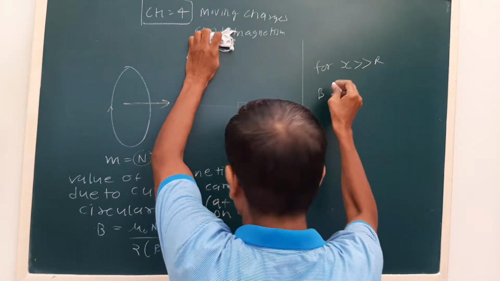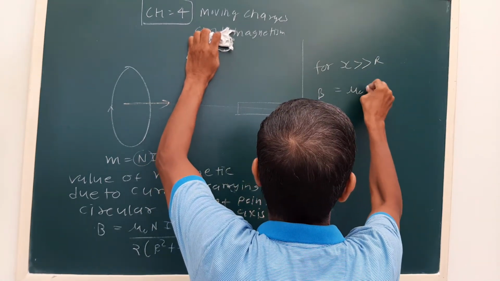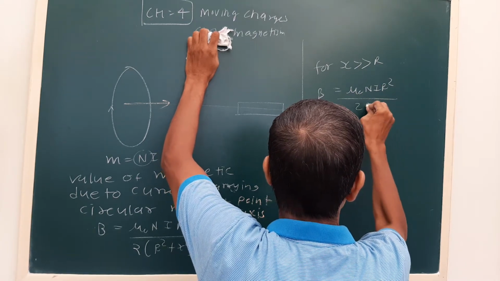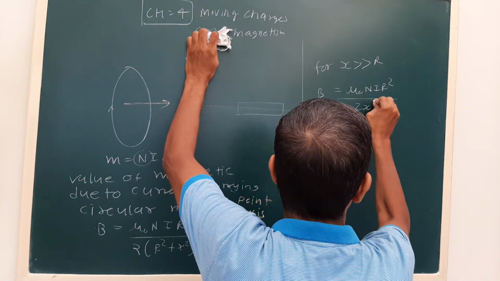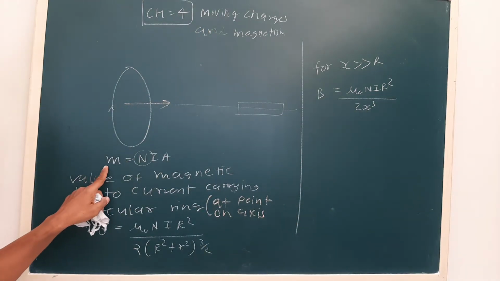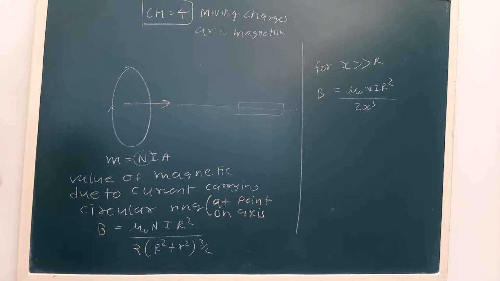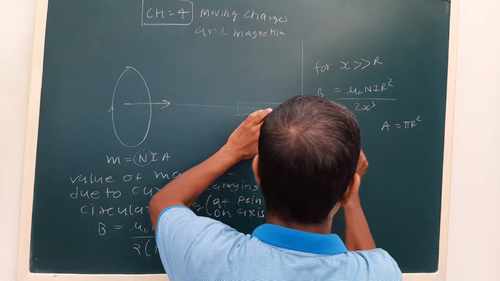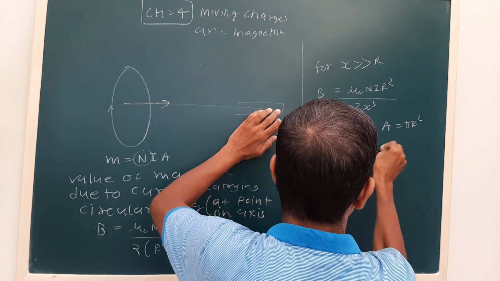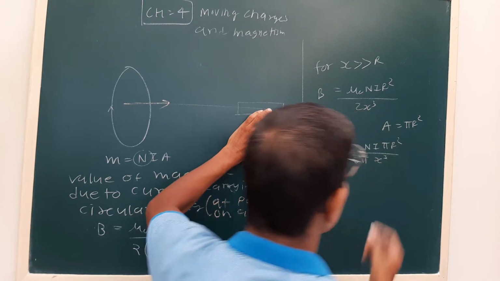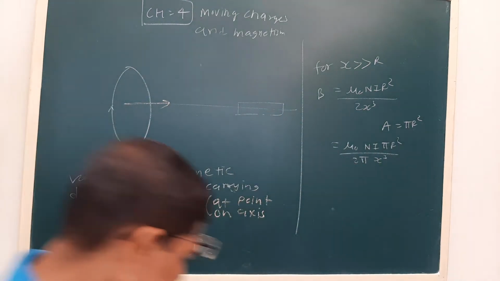We can write B is equal to mu 0 N R square upon 2x cube. Now see, the magnetic dipole moment is given as NIA. Now area is pi r square. So what I do? I multiply and divide by pi.